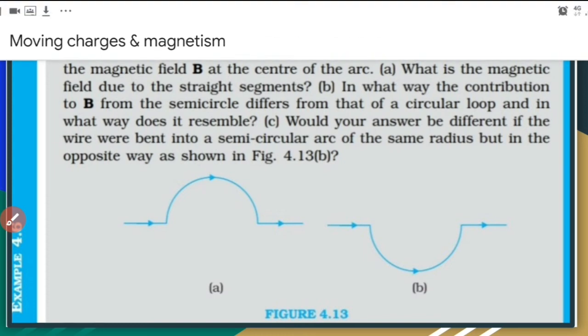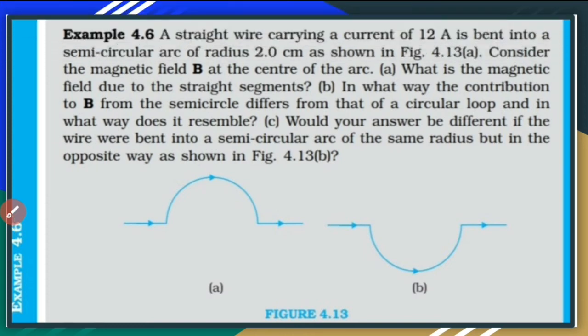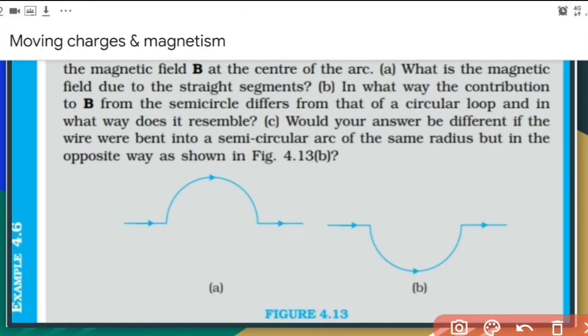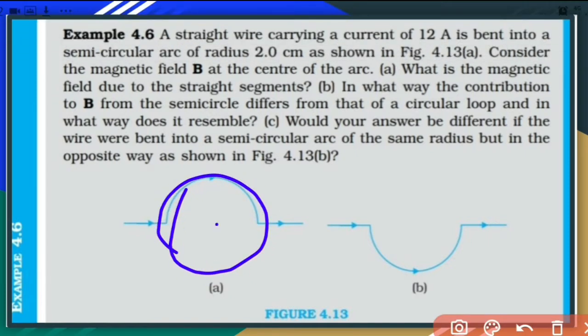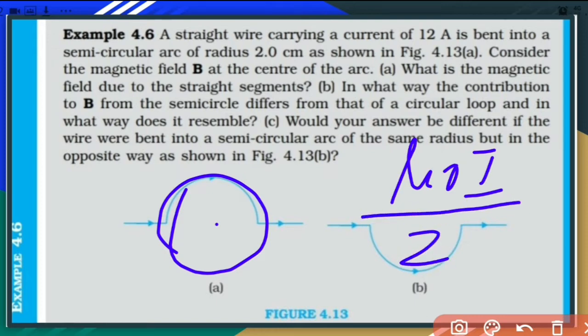Okay. Now coming to the second part, in what way does the contribution to B from the semicircle differ from that of a circular loop? If you have a full circle, the magnetic field at the center, we derived already, is mu 0 I by 2r, where r is the radius.